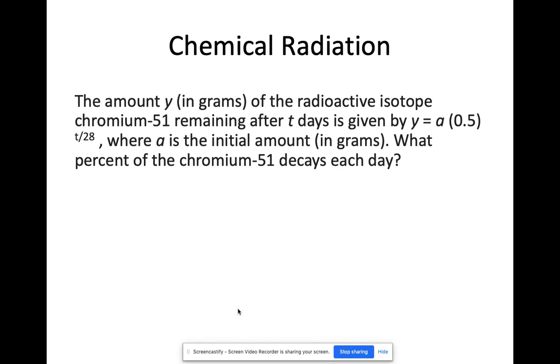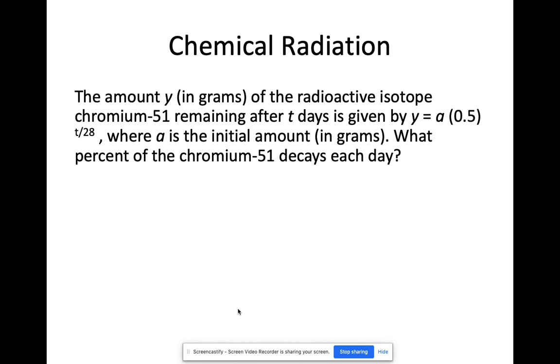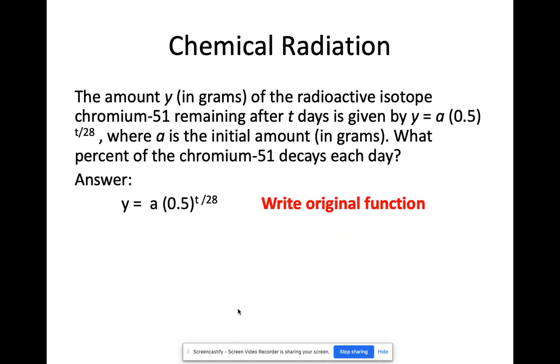Now, chemical radiation, another one. The amount Y in grams of the radioactive isotope chromium-51 remaining after T days is given by the formula Y equals A times 0.5 raised to the T over 28, where A is the initial amount in grams. What percent of the chromium-51 decays each day? Just simply write the original function first.